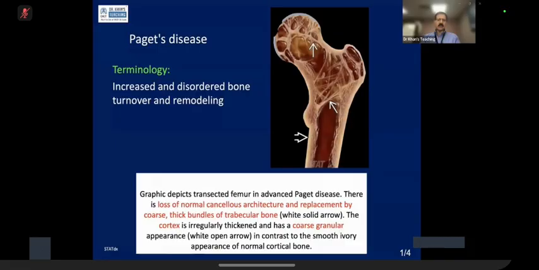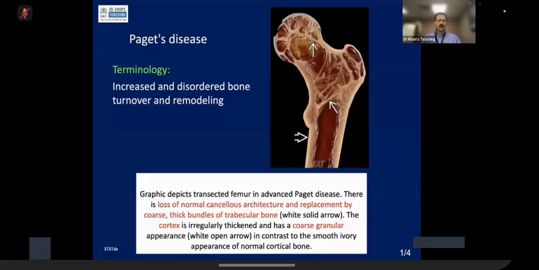Early presentation, late presentation, lytic phase, sclerotic phase, mixed phase, with complications like fractures or osteosarcoma, etc. Paget's disease is extremely important for the exam. There are 3 things which are extremely important as far as the variety of presentations in bone: one is Paget's disease, second is fibrous dysplasia, and third one is hyperparathyroidism.